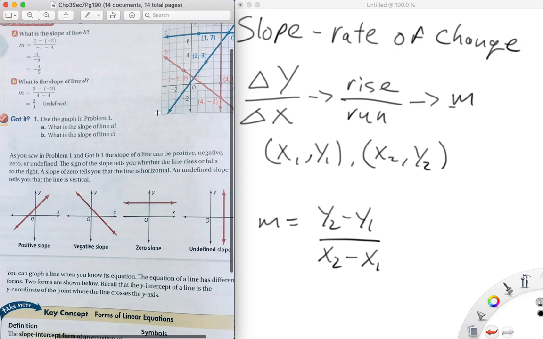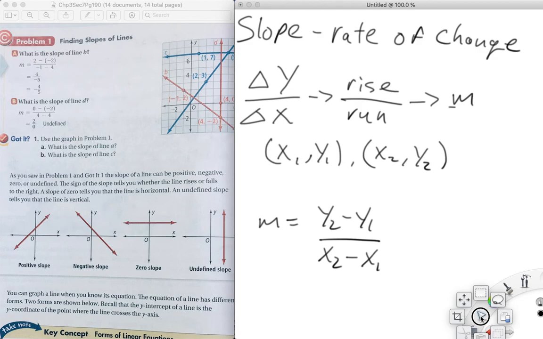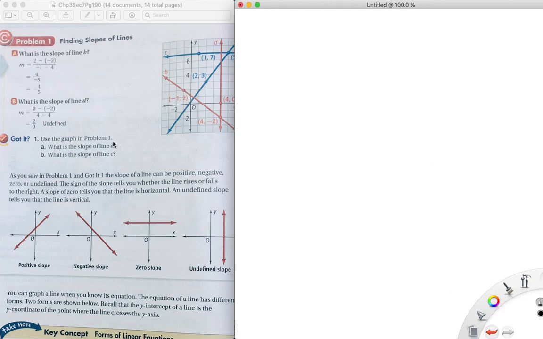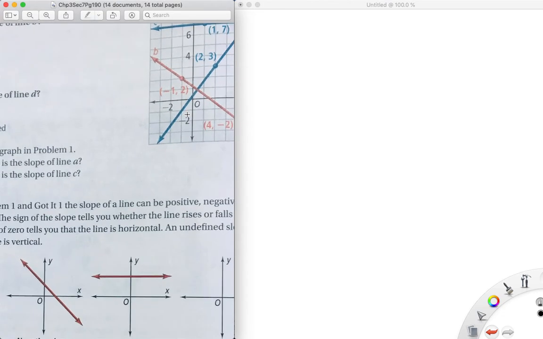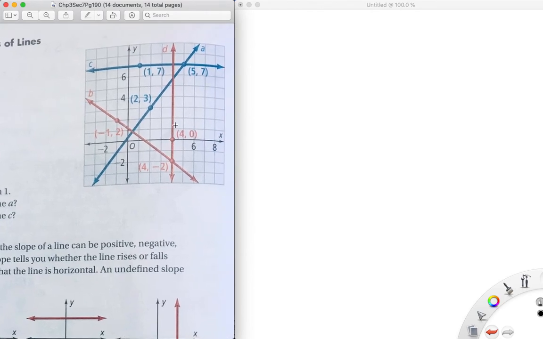There's two ways that you can get the slope. You can use a graph to find the slope, or you can use the ordered pair from the graph to find the slope. So one of the questions is, what's the slope of line A? This line here is line A. I'm looking for 2 points.